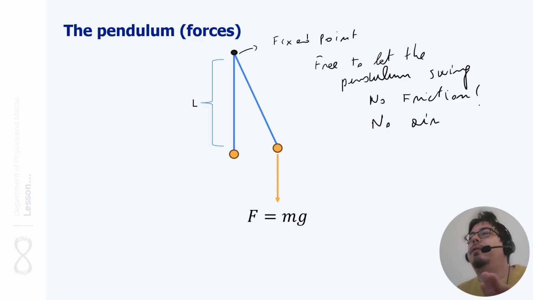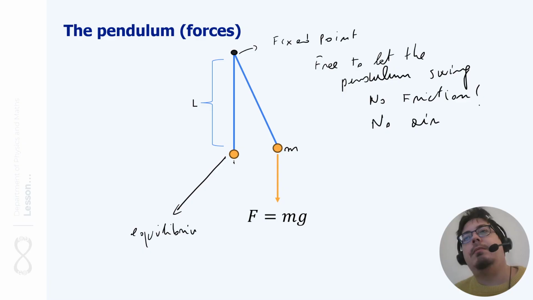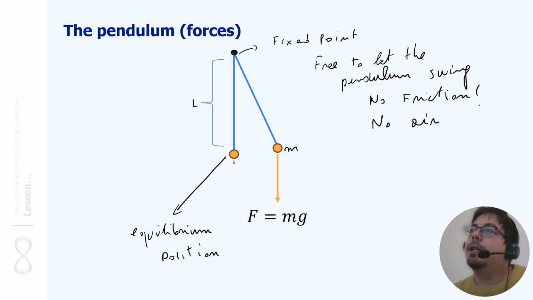So the only real force that we need to consider is F equal mg, the gravity pull towards the center. This is the mass of the object. This is the same pendulum in the equilibrium position, where the motion is at rest. The force of gravity pulls down, and then there is, of course, another force, because the force of gravity can be thought as decomposed into components, as we know.